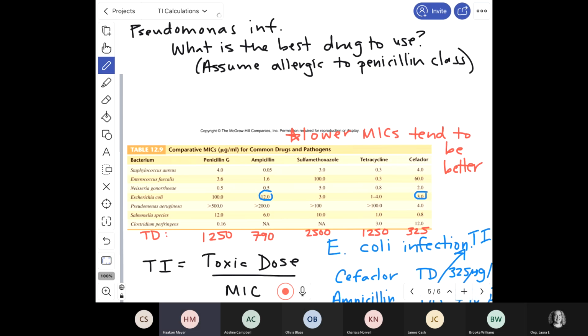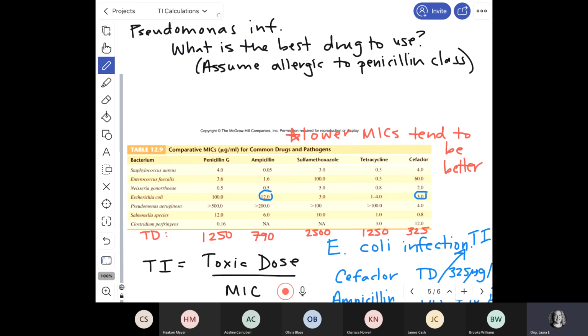For the numbers, like for tetracycline, it's like 1 to 4, or less than 100. What do you want us to pick for that? Good point. If it's 1 to 4, oh wait, that's for the higher one, you're going to use for Pseudomonas.